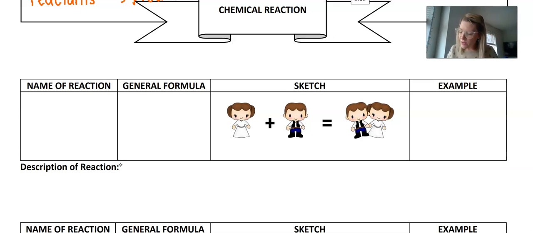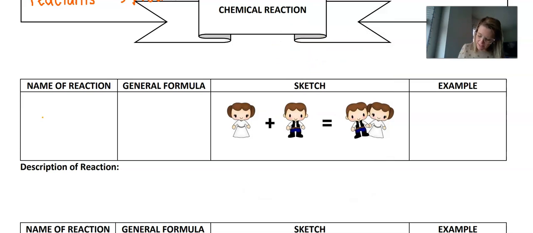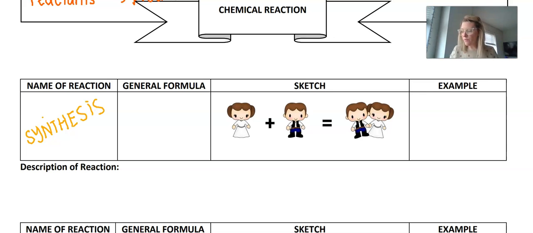This type of reaction is called a synthesis reaction, and it follows the general formula of A plus B becomes AB.